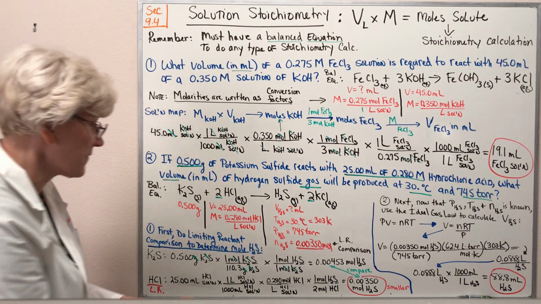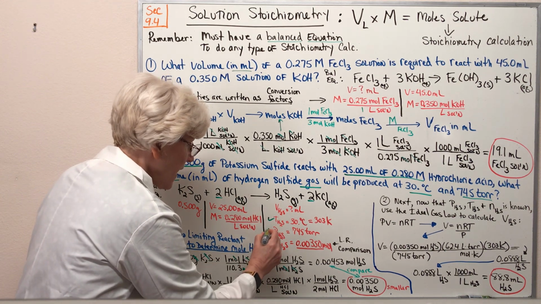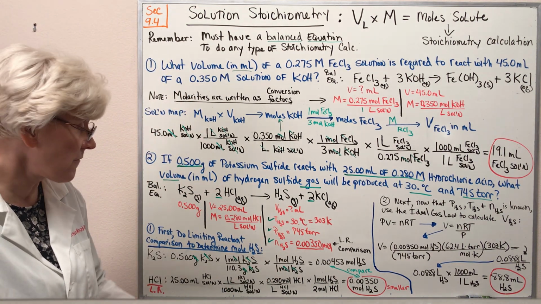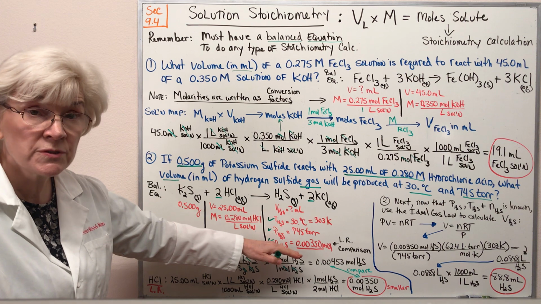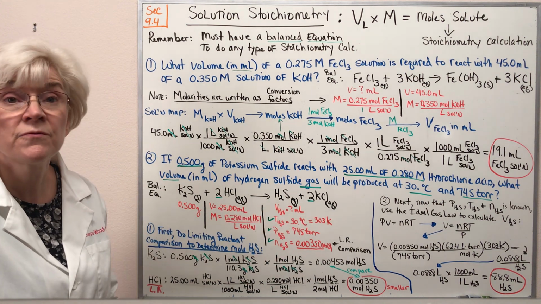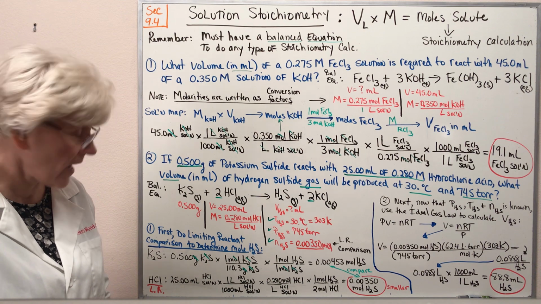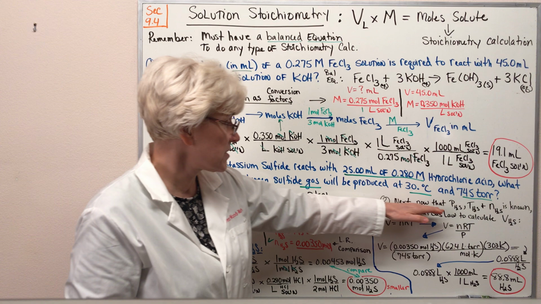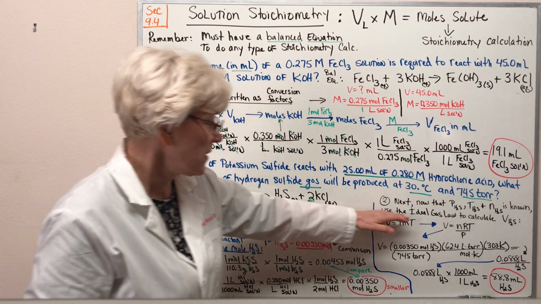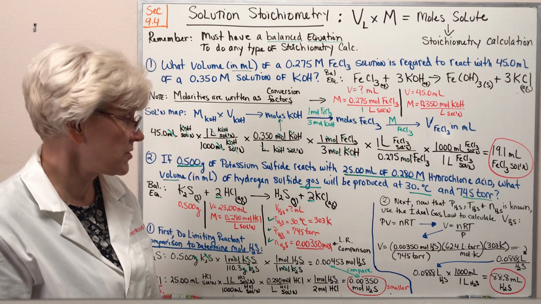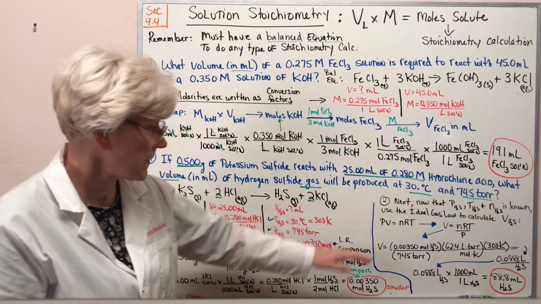I now have a temperature, a pressure, and a mole amount of hydrogen sulfide. I should be able to do an ideal gas law calculation and find the volume of hydrogen sulfide produced in this reaction. So this brings us to our second step. Use the ideal gas law to calculate the volume of hydrogen sulfide produced.